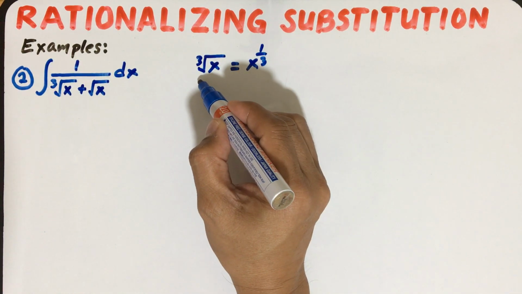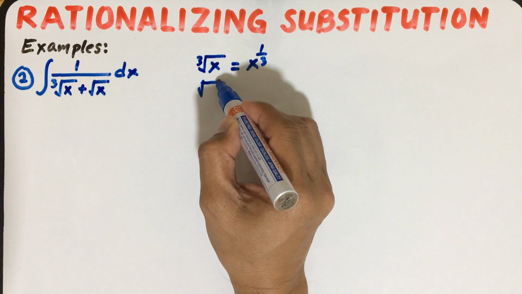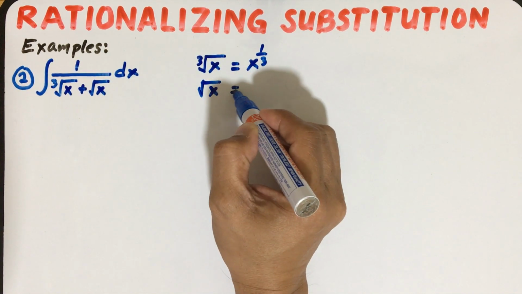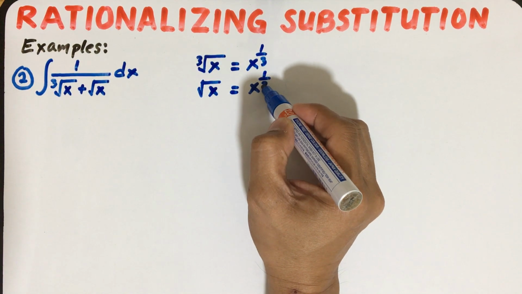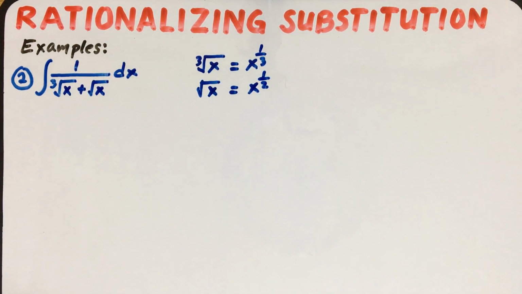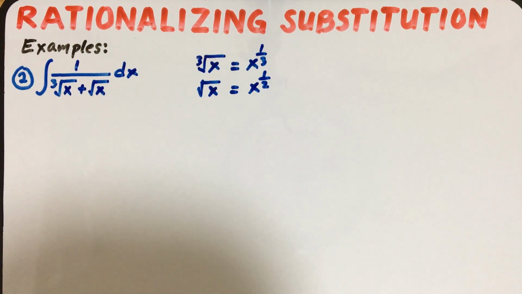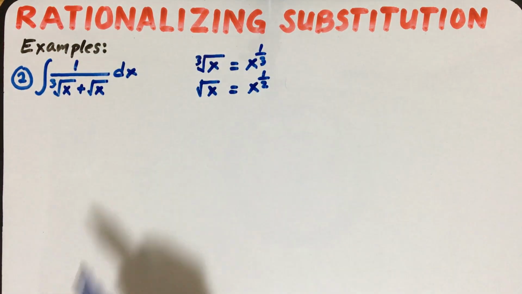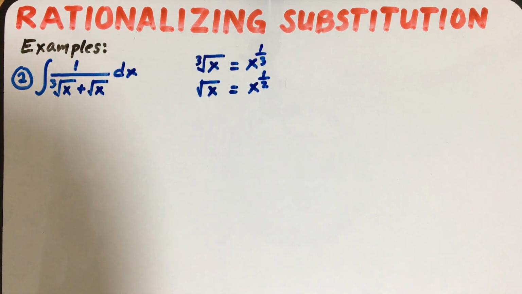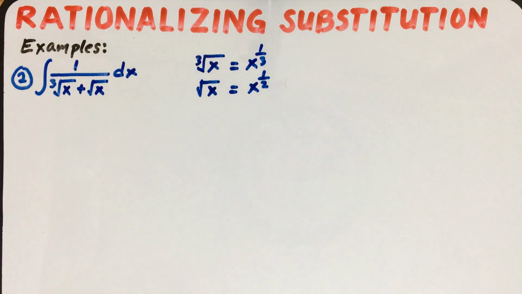And the square root of x is just equal to x to the power 1/2. So now we are going to figure out what substitution we can make to transform this radicand into a rational expression or fraction.